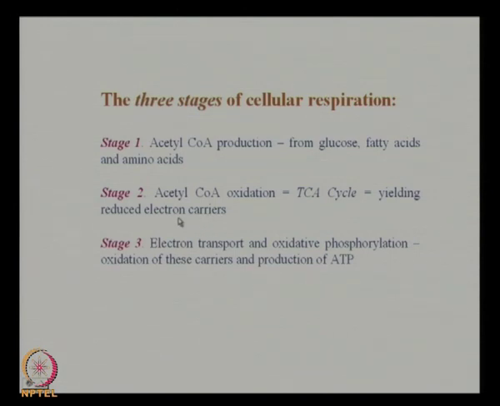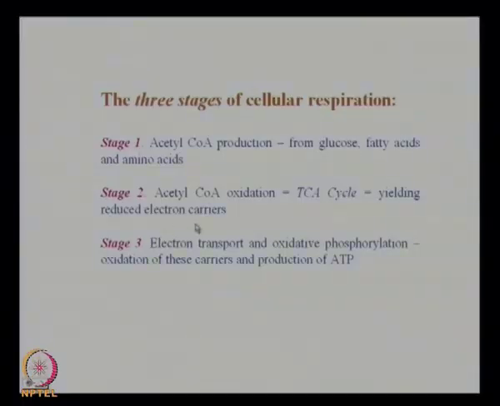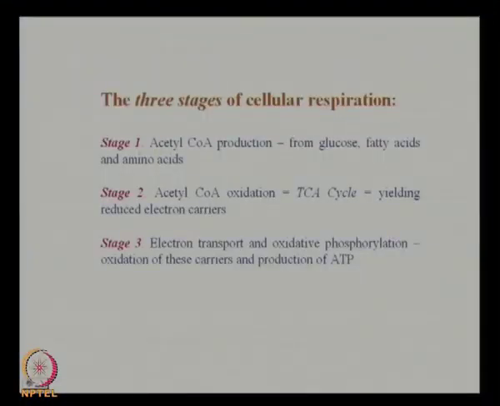When these electron carriers are produced and the cycle is complete, they enter the electron transport chain and oxidative phosphorylation. That means, how does this chain get completed? First, glucose to pyruvate. Not only glucose is the source; from beta oxidation of fatty acids acetyl CoA can also be formed, and it can also form from amino acids.